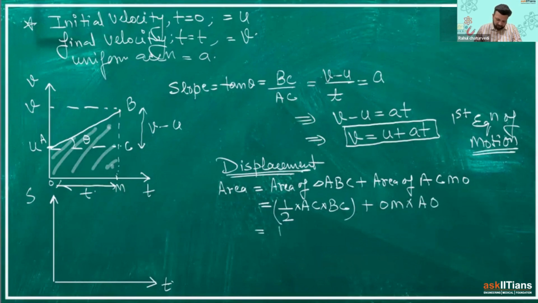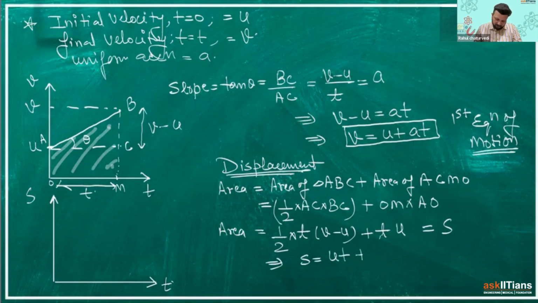You can put the values here. So this is 1 by 2, AC is T and BC is V minus U, plus OM is T and AO is U. So the area is equal to displacement, which is S. Now you can say that S is equal to UT plus 1 by 2 into V minus U into T. And from the first equation of motion, V minus U is equal to AT.